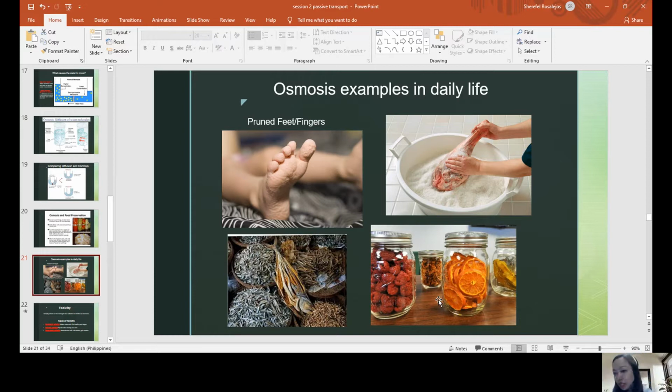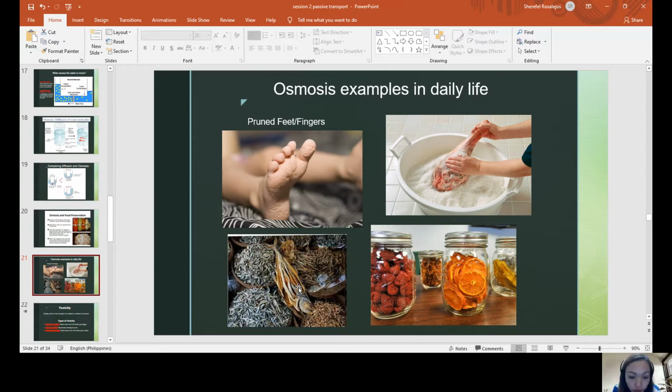The water content inside the bacteria and fungi will be outside their cell and they're unicellular. So bacteria cannot get near the meat that is surrounded by plenty of salt and sugar.